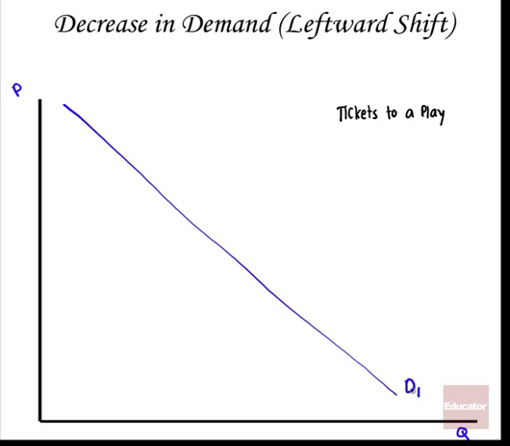Let's say for some reason the lead actor in the play decides to quit, and let's say he was a really popular actor. Well, some people might not want to watch the play anymore, so there's a decrease in demand for that particular play. So the demand decreases to the left. We don't know to what extent. So the demand curve shifts to the left here, and you have a decrease in demand.